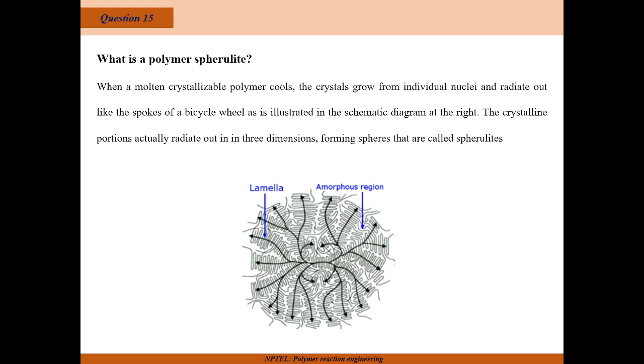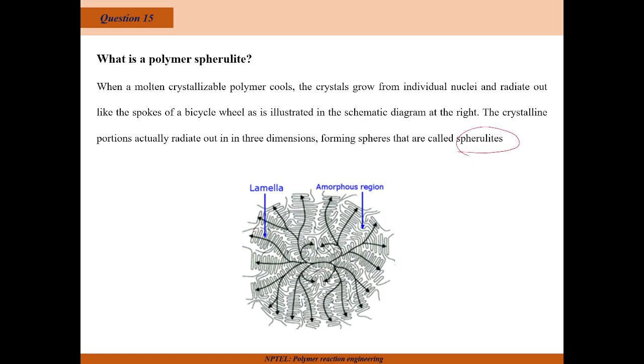A better, more consistent definition is this: when a molten crystallizable polymer solidifies, the crystal grows from an individual nucleus and radiates out like the spokes of a bicycle, as illustrated in this figure. The crystalline portion radiates out in three dimensions, forming spheres that are also called spherulites.